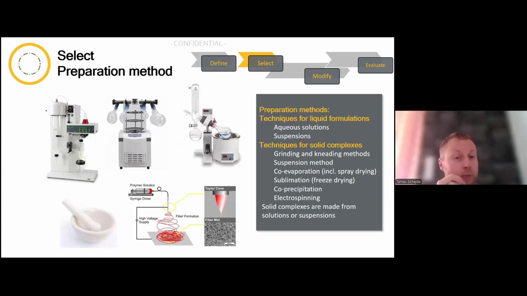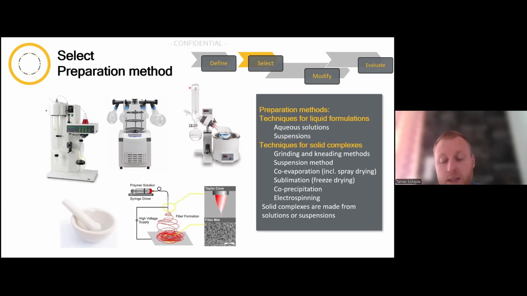In order to make the complex, we have a very wide pool of potential techniques, luckily. Basically, we can divide these into three main areas. We can create the complex in a liquid phase, in a semi-solid phase, and also in a solid phase.